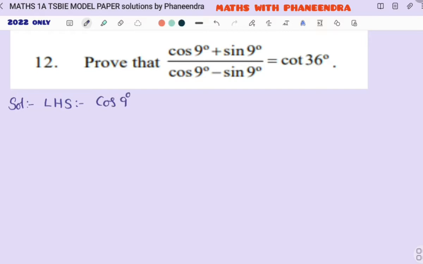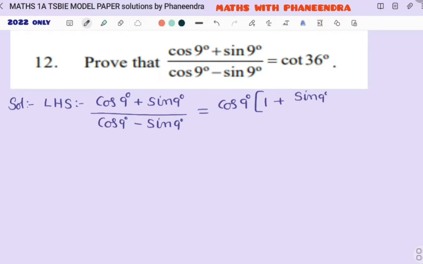Cos 9 degrees plus sin 9 degrees divided by cos 9 degrees minus sin 9 degrees is equal to, taking cos 9 degrees common from the numerator, 1 plus sin 9 degrees by cos 9 degrees. Similarly, from the denominator, taking cos 9 degrees common, 1 minus sin 9 degrees divided by cos 9 degrees.